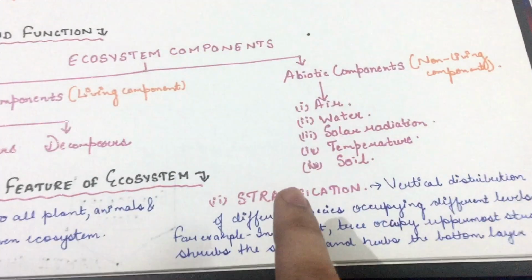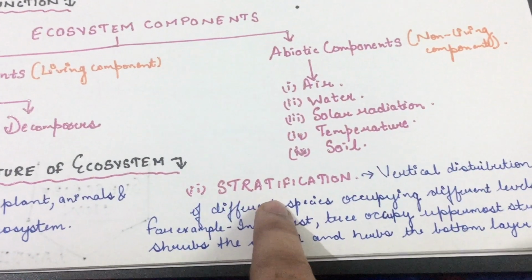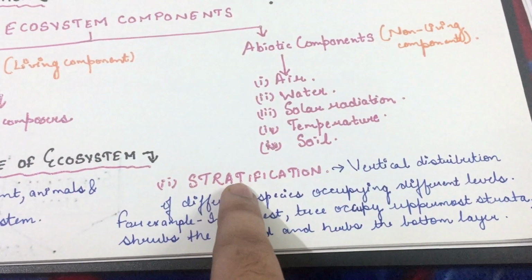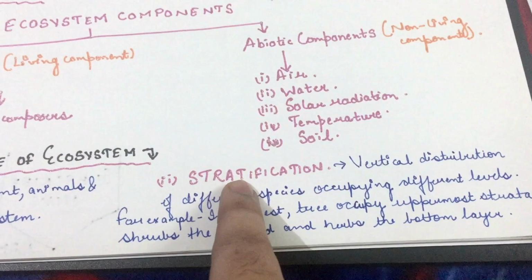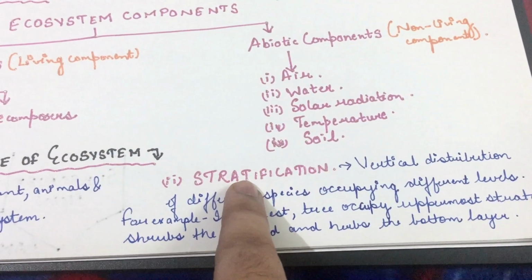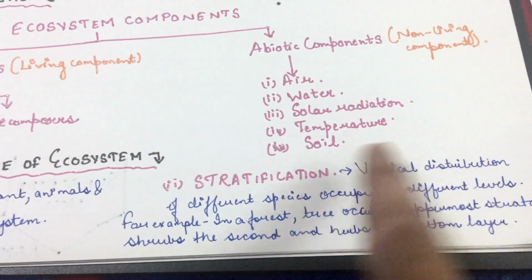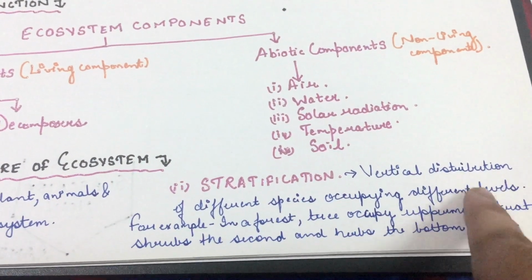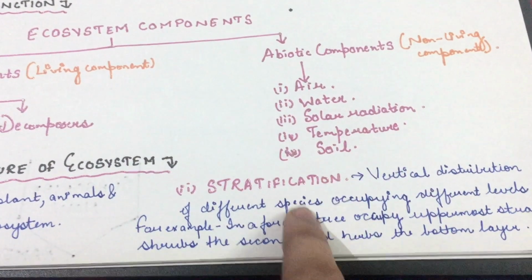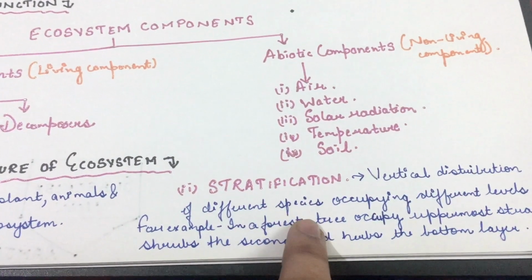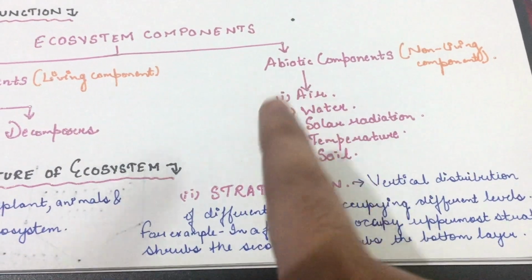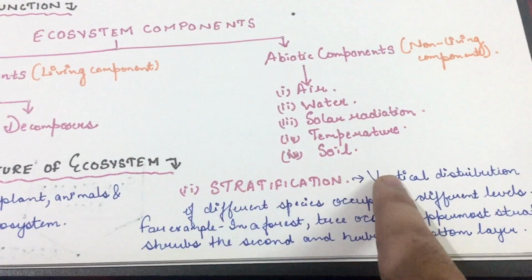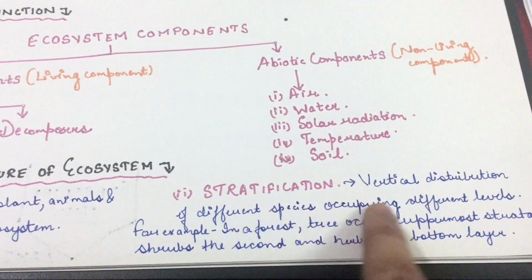The second important structural feature of an ecosystem is stratification. Stratification means the vertical distribution of species occupying different levels in an ecosystem. For example, trees in a forest ecosystem: trees occupy the uppermost layer, shrubs occupy the second level, and herbs occupy the bottom layer.